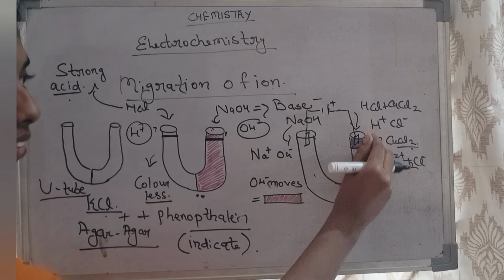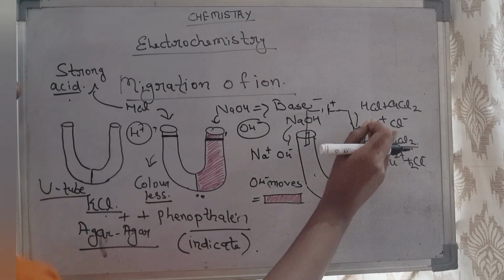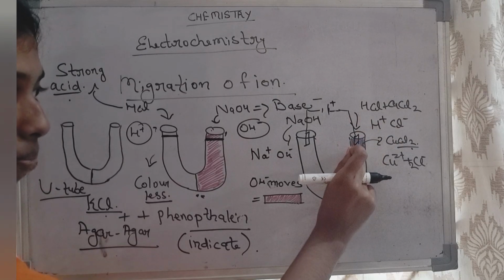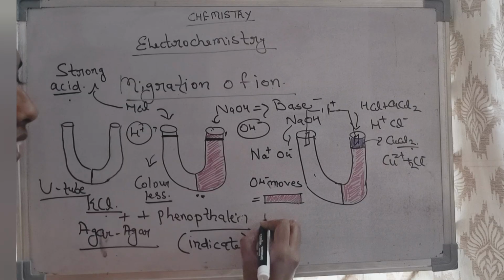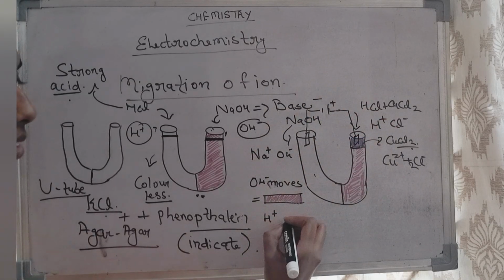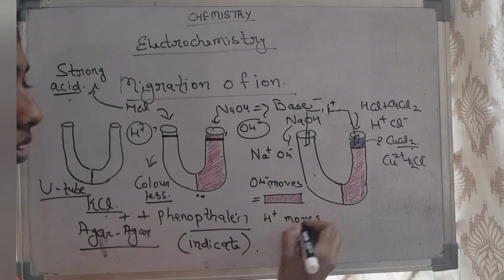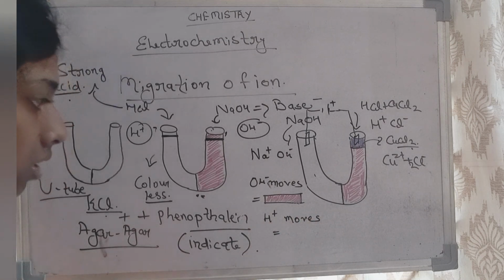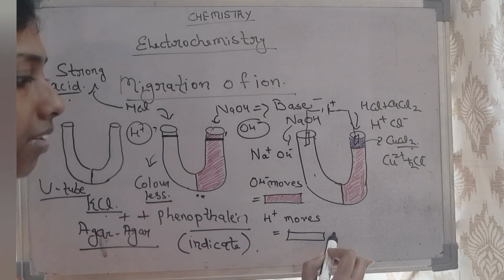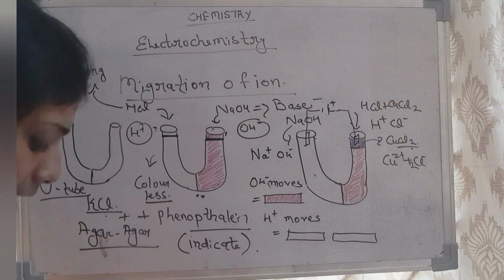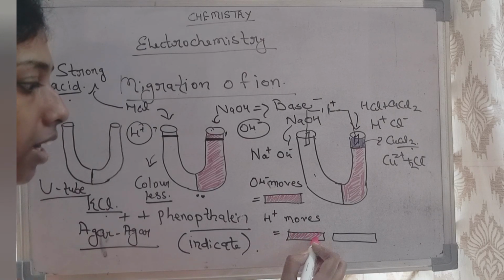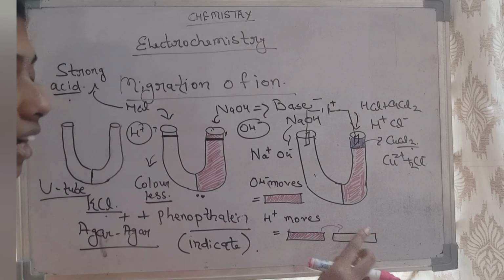When it does, whatever part the H positive moves, this particular pink color will vanish. So when the H positive moves, the pink color vanishes, and you will see the colorless side. The pink color will vanish and you will get colorless points.